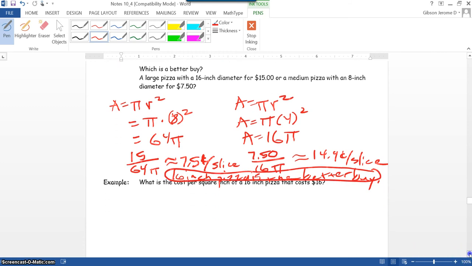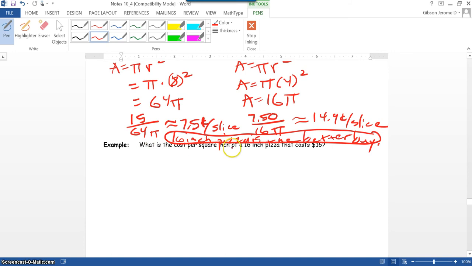Okay, now it says, what is the cost per square inch of a 16-inch pizza that costs $16? So we already did a 16-inch pizza. We already did the area. So we would just take 16 and divide it by 64 pi, because we already did it for a 16-incher.